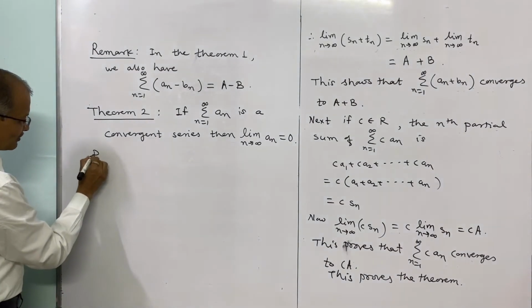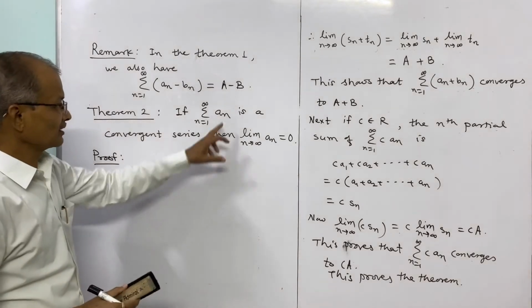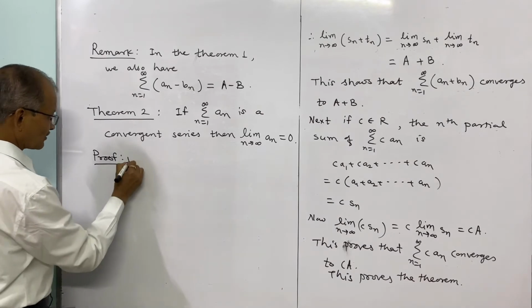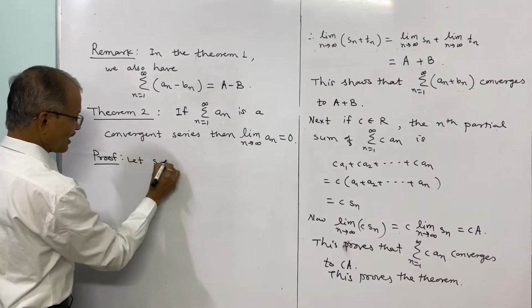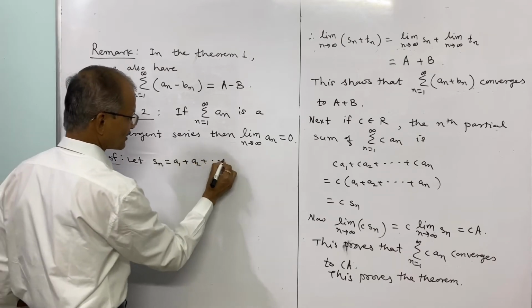Now for this purpose, again we shall first form the partial sum of this series, which we have already denoted by Sn. So let Sn be the sum of the first n terms, A1 plus A2 plus up to An.